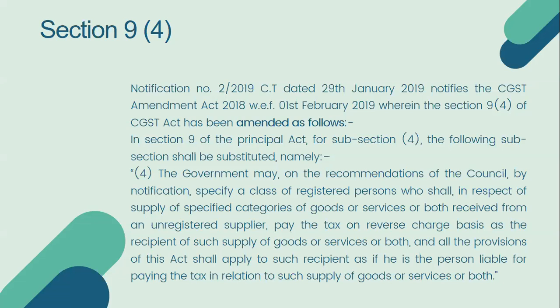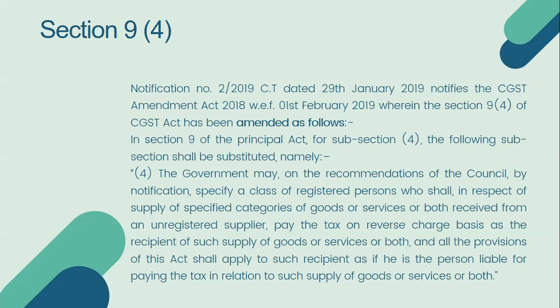Well, let's see what are the important interpretations from the above provision that I just read. This section does not attract RCM provisions on every purchase made by a registered recipient from an unregistered supplier. It is applicable on a specified class of registered recipients and in respect of specified categories of goods or services.